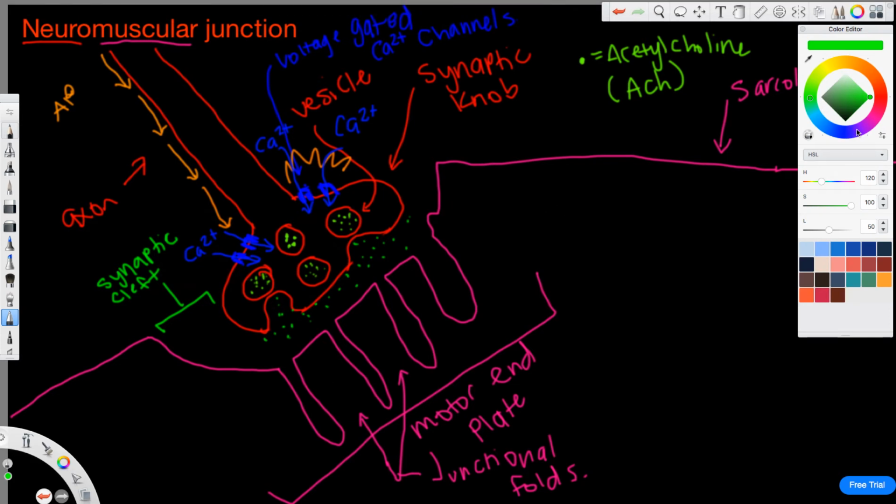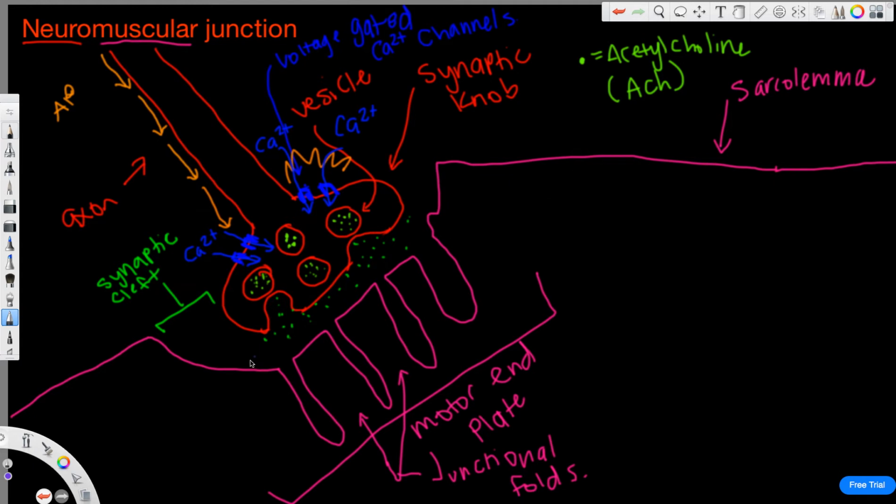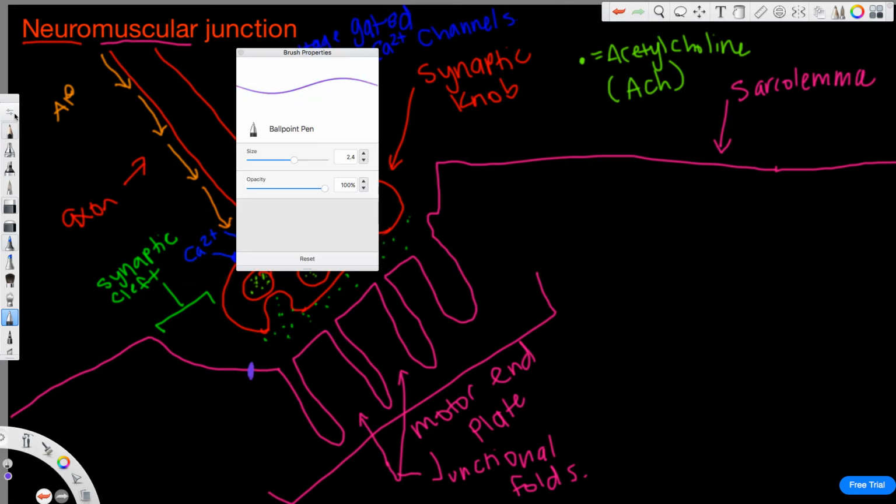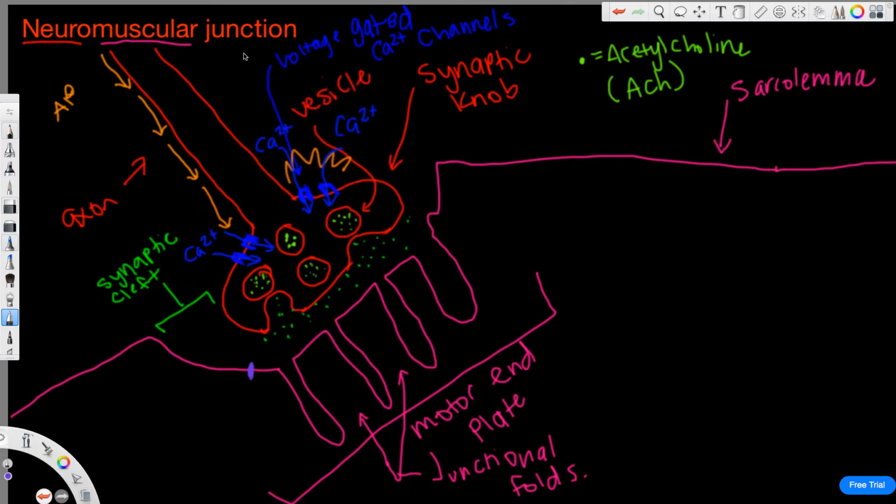So I'm going to have my receptors be purple. And just for speeding things up purposes, let's make my nib bigger so I can draw these more efficiently. So these are ion channels that only open when acetylcholine is bound to them.